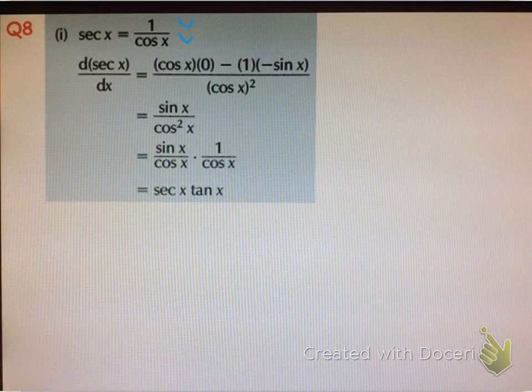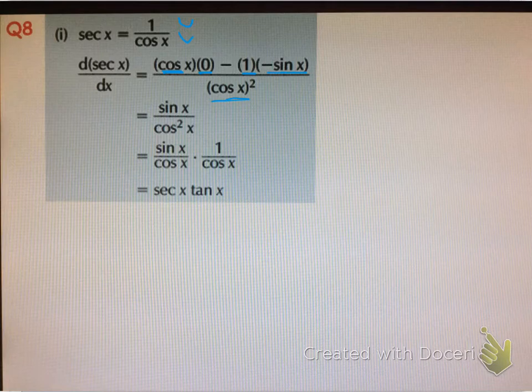V du dx minus u dv dx all over v squared. So v is cos x, so it's cos x, v du dx minus u dv dx all over v squared. Tidy it up, you'll get minus sine x all over cos squared x. Now what they did here was they factored out 1 over cos x. Why?